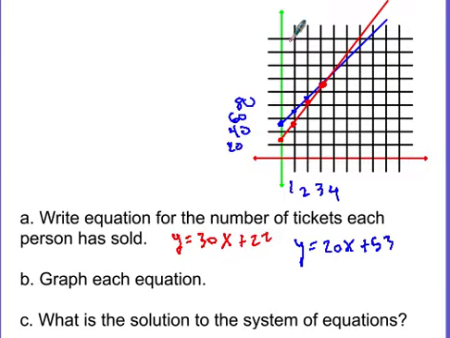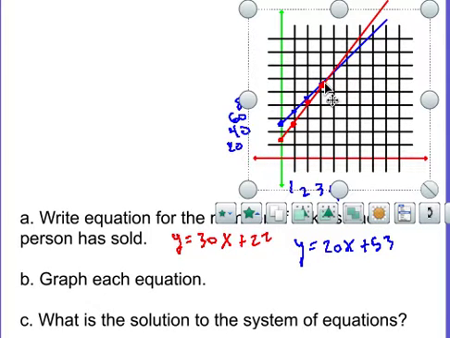I think in the book it said the answer was like 3.1, which is kind of weird because they weren't checking 3.1 days, but we got pretty close. So the solution would be 3.1 days and, if we're up by 80, that would be 100, about 110 tickets is where he caught up with her, right?